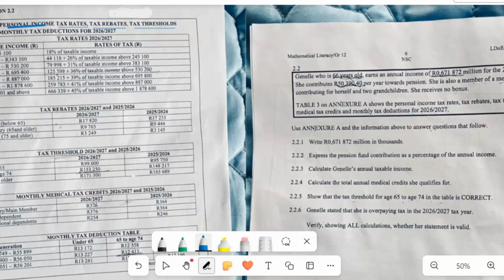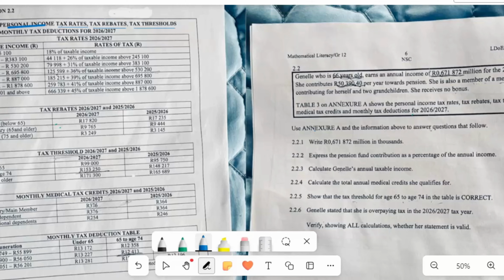Tax rates is the percentage that is used to calculate your tax. Tax rebates. This reduces the tax you must pay. Let's say you need to pay 10,000 rands of tax and they are deducting 1,000 rands each month. That is your tax rebate.